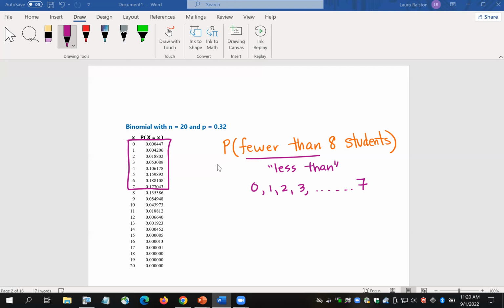Okay, let me give you this answer. If I typed it correctly, again, I'm typing fast, it's 0.8076765. So you're looking at roughly an 80% chance to have fewer than 8 students.